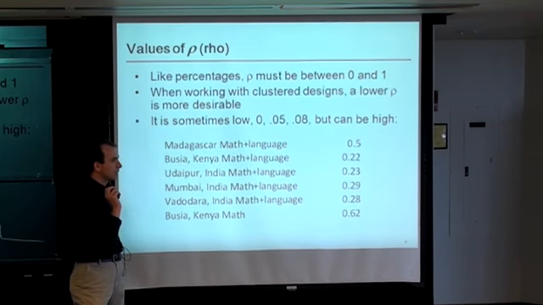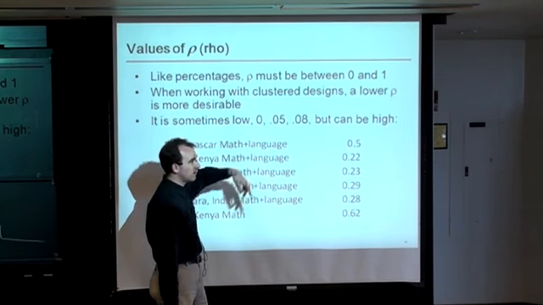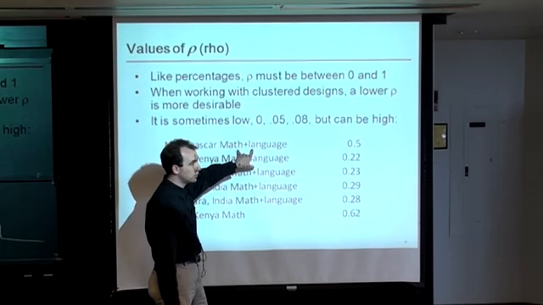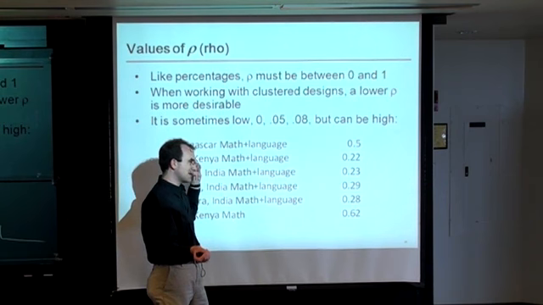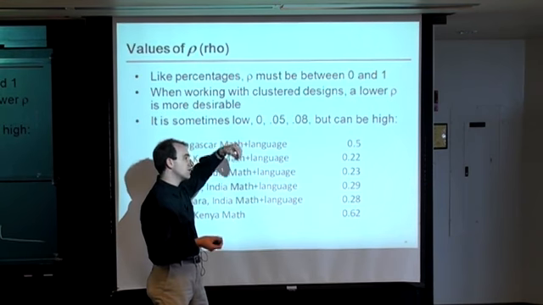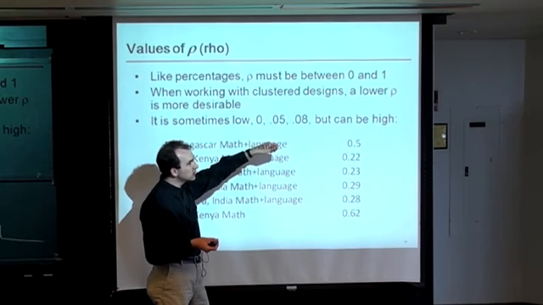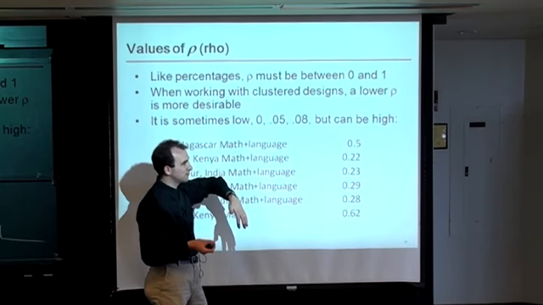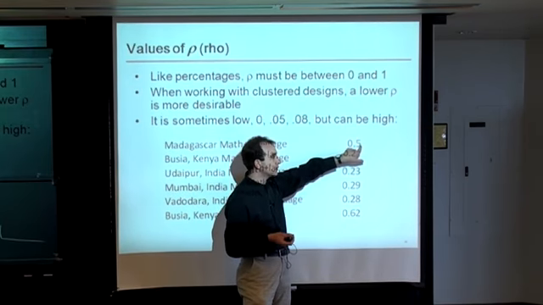They took math and language scores for each kid by classroom, or by school, I think. It was by school in this particular case. Then they said, looking over the whole sample, what percentage of the variation in test scores came between schools relative to within schools? And they're saying that half of the variation was between schools.